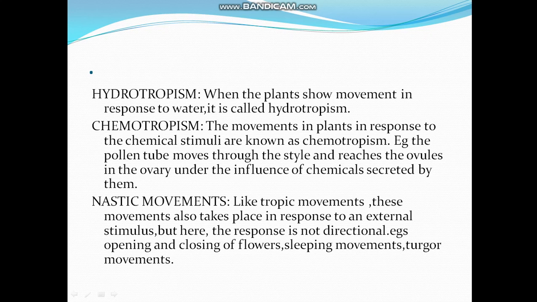the movement in plants in response to chemical stimuli is called chemotropism. For example, the pollen tube moves through the style and reaches the ovules in the ovary under the influence of chemicals secreted by them, and fertilization takes place, that is by chemotropism.